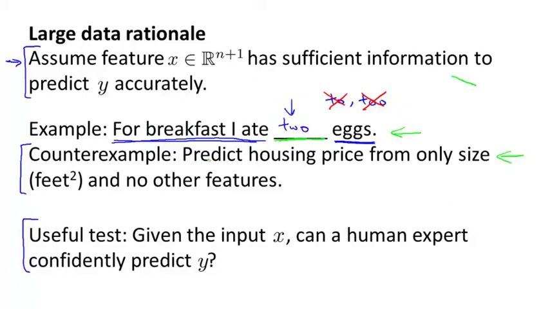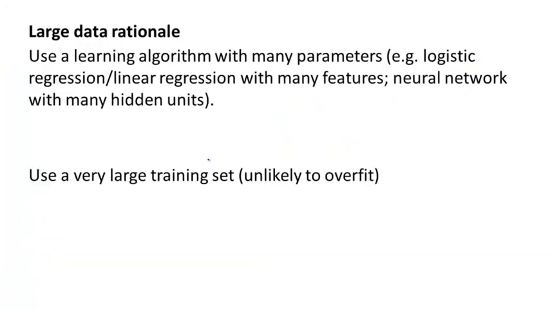So let's say this assumption holds. Let's see when having a lot of data could help. Suppose the features have enough information to predict the value of Y, and suppose we use a learning algorithm with a large number of parameters. So maybe logistic regression or linear regression with a large number of features, or one thing that I often do, a neural network with many hidden units. These are all powerful learning algorithms with a lot of parameters that can fit very complex functions.